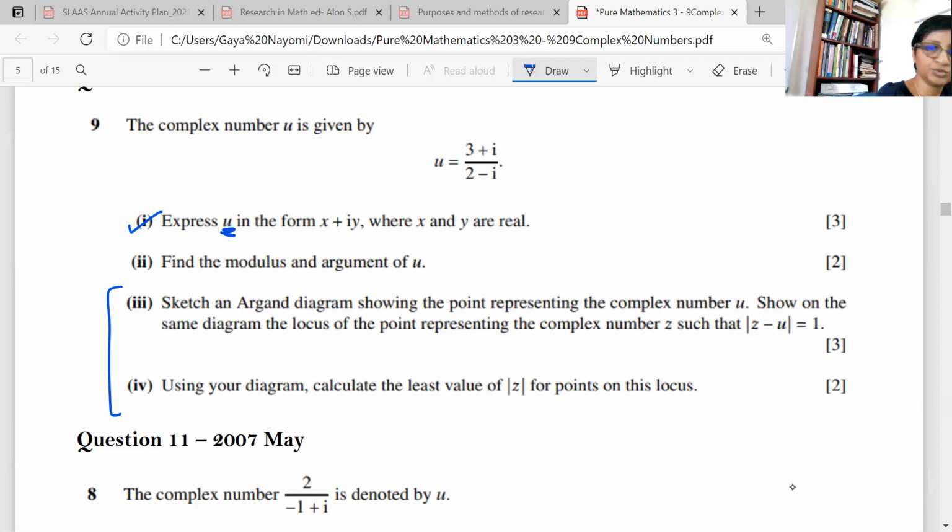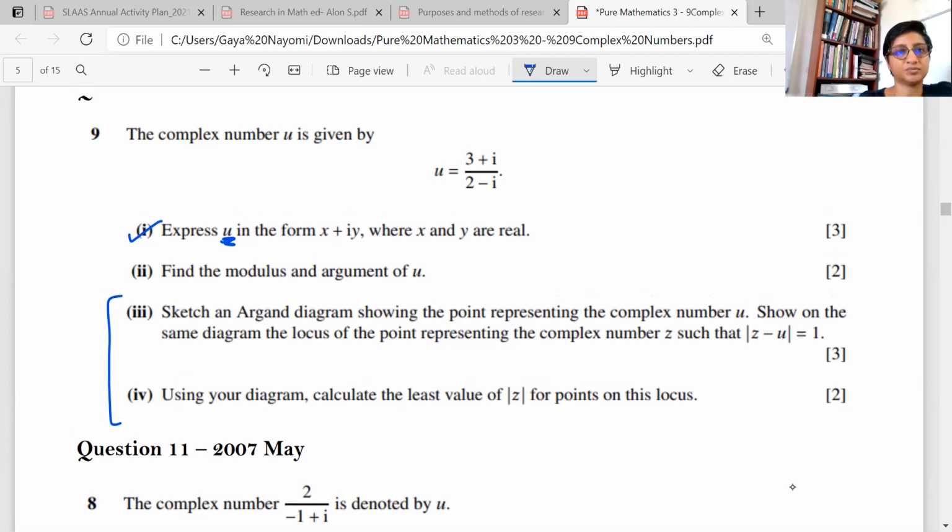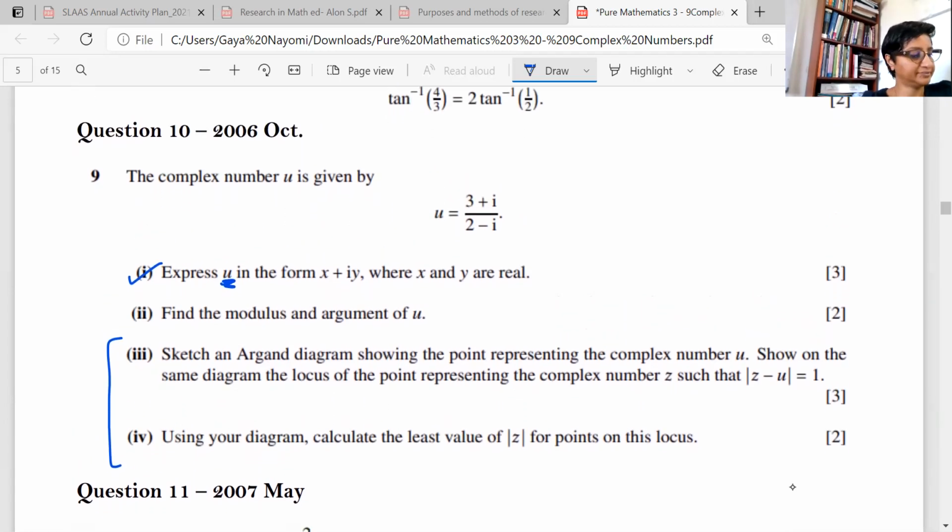Find the complex number u, which is i plus 1 divided by 2 minus i. Miss, what year is this question again? Oh, 2006, October.